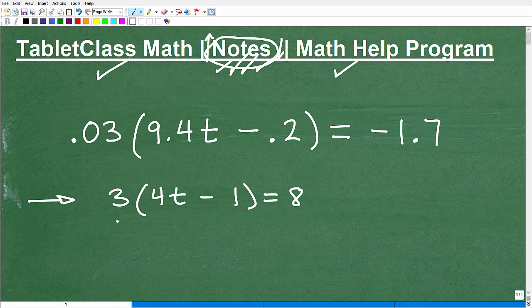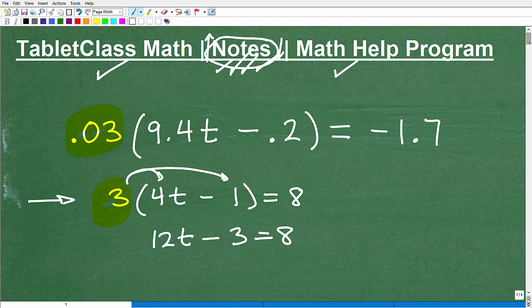We have a number right here that we're going to have to distribute into what's inside the parentheses. So this would be 3 times 4t, that would be 12t, and then 3 times 1 is going to be minus 3, equals 8.